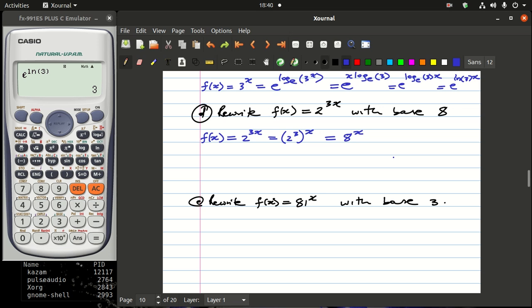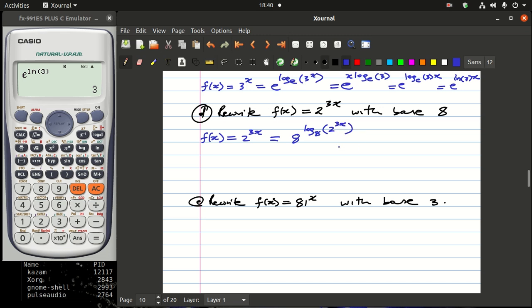You want to use this understanding of a log and see if you can actually get this using this log there. Remember, I said this is the same as, I want base 8, so I'm going to have an 8 there, and then I want to have a log, and because of this 8, I want to have log base 8 to cancel with that, and then I can keep 2 to the power 3x.